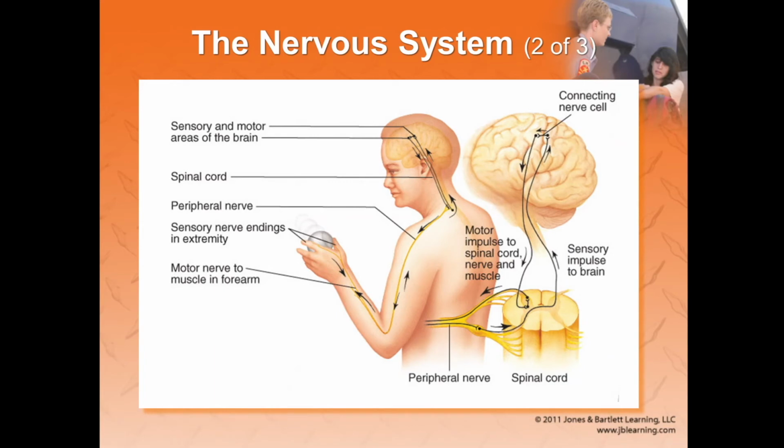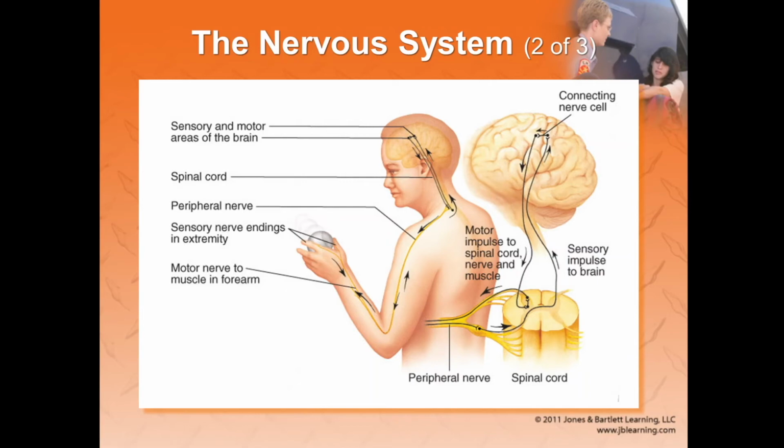So here we see in this diagram the sensory and motor areas of the brain. It consists of the brain and the spinal cord. We have peripheral nerves. We have sensory nerve endings in each extremity, which means we can feel hot, cold, touch, sensation, and so forth. We have motor nerves to muscle in the forearm.